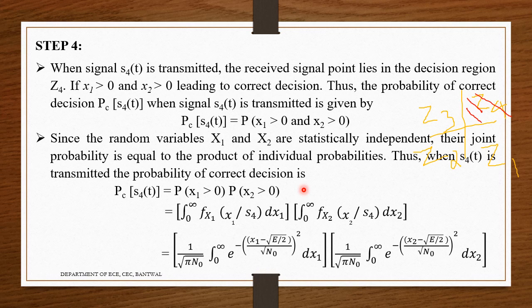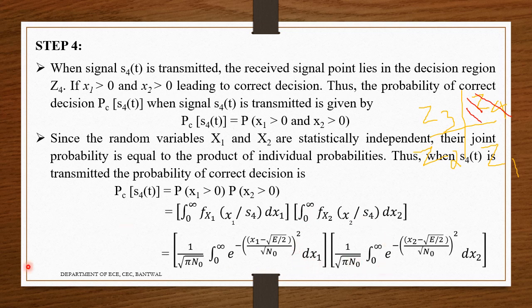So now I'll substitute: integral from 0 to infinity of f of x1 given s4 into dx1, times the integral from 0 to infinity of f of x2 given s4 into dx2. I'll substitute those things: 1 by square root of pi N naught, the integral from 0 to infinity of e raised to minus (x1 minus square root of E by 2) divided by square root of N naught, the whole square, into dx1.